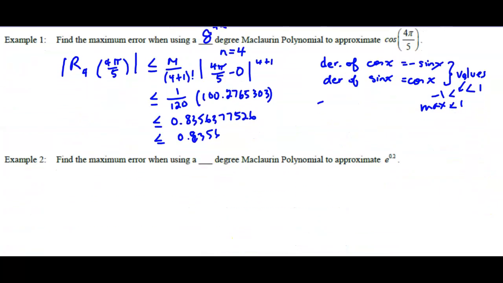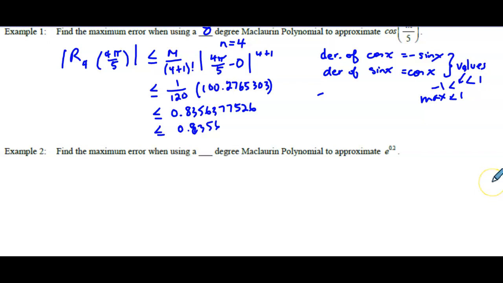Next one, maximum error when we're using a 4th degree Lagrange polynomial to approximate e to the 0.2. So remember, e to the x is approximated with the sum from n equals 0 to infinity of x to the n over n factorial. It's much easier than cos of x.